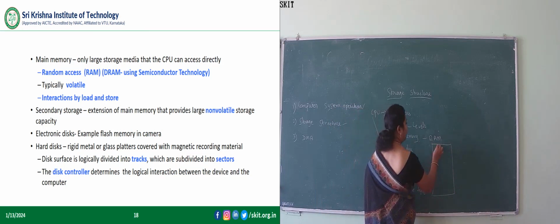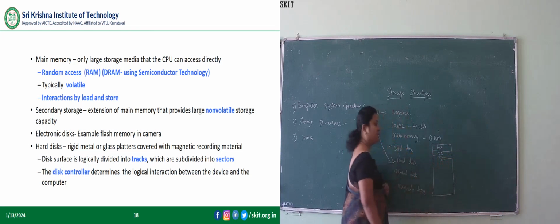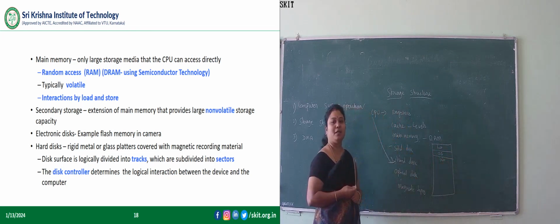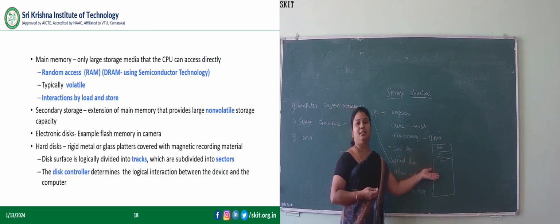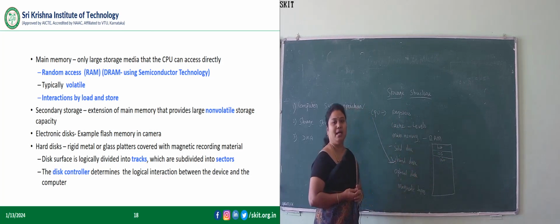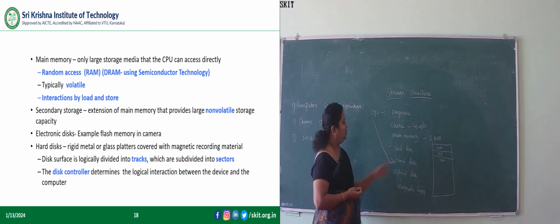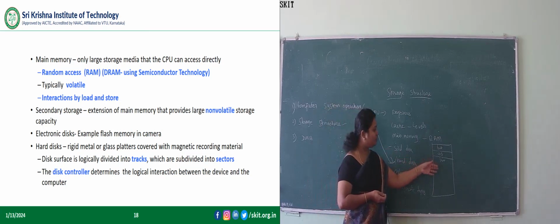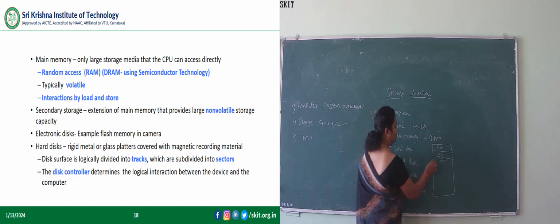For starting, the bootstrap program will be there, then the OS, and then the OS will create the starting process, which is called init. Init will create any number of processes, both user processes and system processes, according to the requirements. So this is the way the main memory works. All the processes, P1, P2, P3 and so on, will be created here in the main memory.